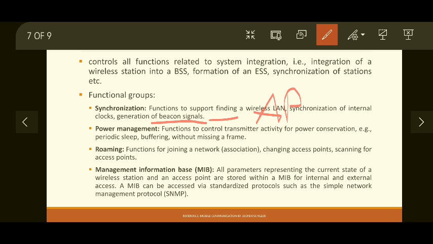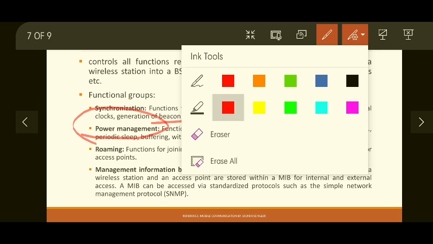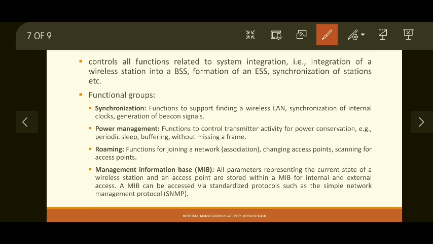Then the second functional group is related to power management. As we know, all the devices present in the wireless LAN are either battery supported or have limited power resources because they will be mobile devices. So their power has to be conserved or carefully used.